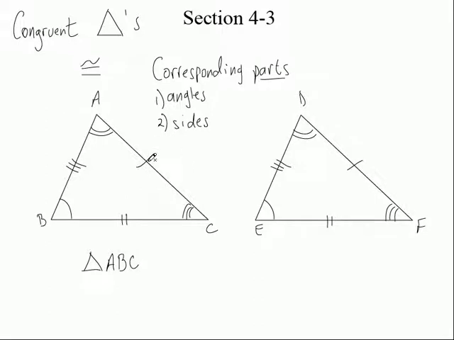I could have called this triangle any of those combinations of those three letters. But when I say that it's congruent to another triangle, if I say that it's congruent to this triangle right here, I can't just call this anything that I want to. I want the A to match up with what? The D. I want the B to match up with the what? E. And I want the C to match up with the F. So what am I going to call this triangle over here? DEF. You with me on that? It's very important that you do that.